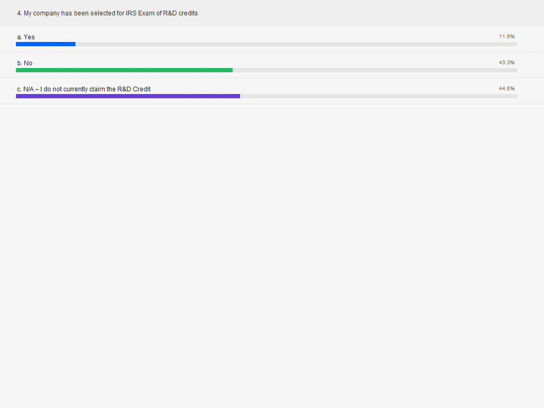With 13% having been examined, I think it does show that it is still occurring, and I think you're going to keep seeing it be examined both at the state level as well as the IRS level. And a lot of my clients still have their credits sitting as carry forward, so I'm sure it'll get a higher level of scrutiny once we start claiming those to reduce the taxes.